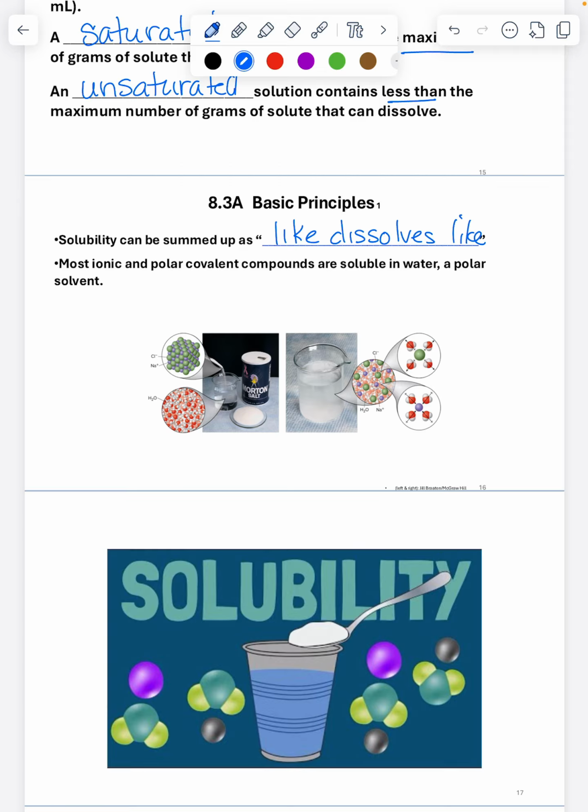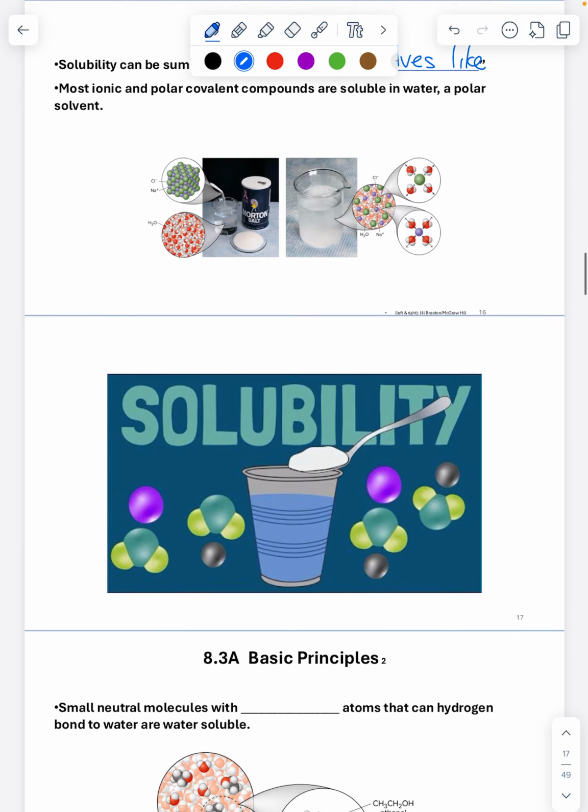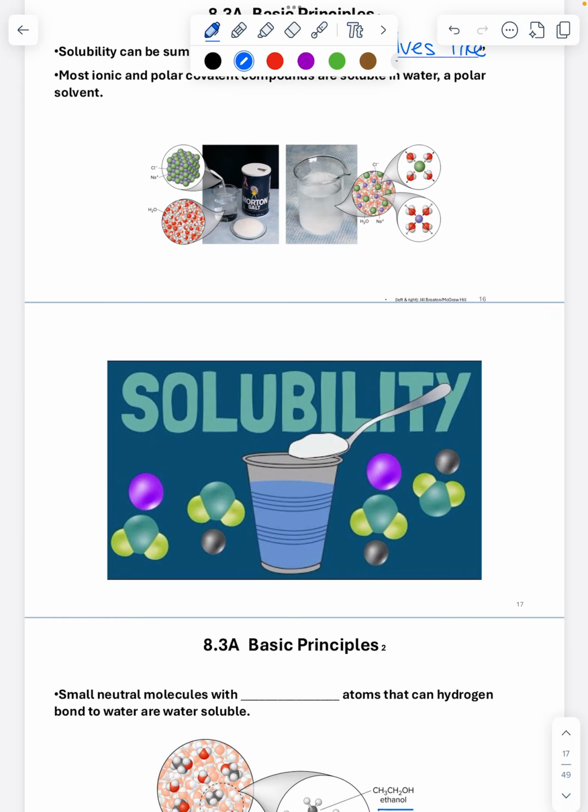And so like dissolves like. Water, being polar, can dissolve other polar molecules, but if you have a solute that is nonpolar, then you have to have a nonpolar solvent to make it dissolve. And so like dissolves like is the term that's used. Again, here's a short little video that explains solubility, so if you get a chance, take a look at that.